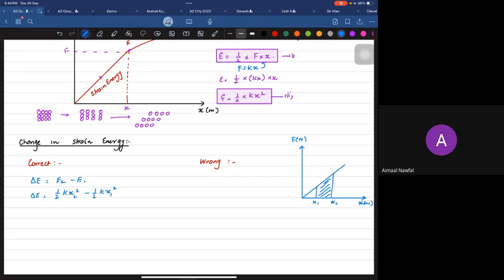Do you guys get it? When you take half and k common, you get half k times x2 square minus x1 square. This is a mathematical function that represents a square minus b square. You guys get it?